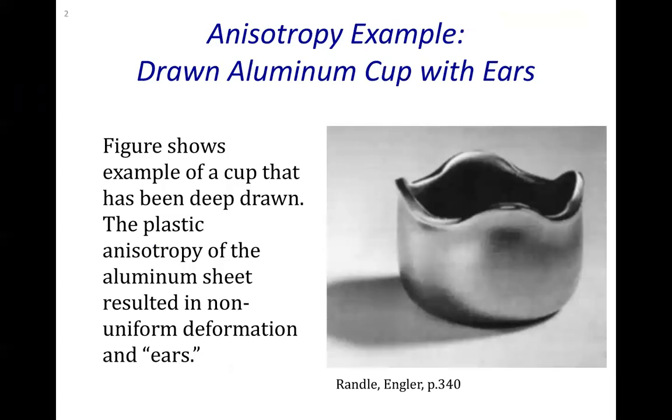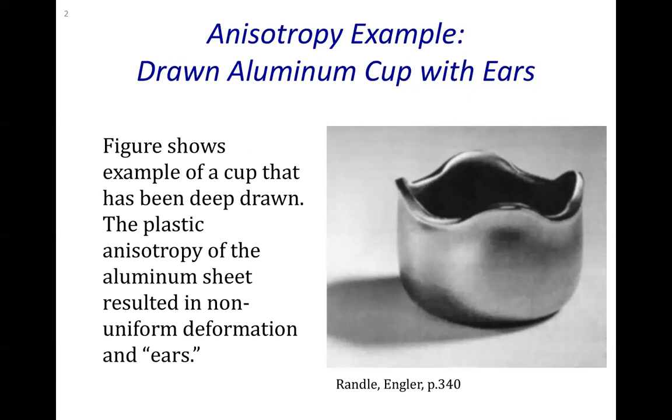So I want to start with an example of why texture matters. This is a picture of stages of deep drawing an aluminum cup. This is what happens when you start with a random texture, right?